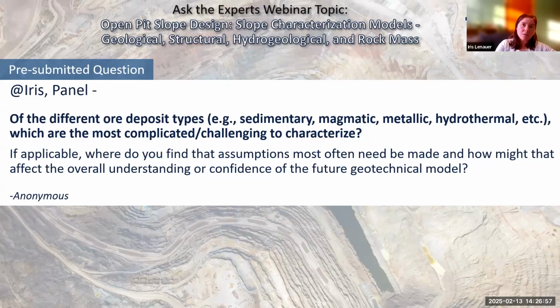And the less data we have, the more assumptions we need to make. There's a balance we have to find between how much data we can practically collect versus how much we can interpolate in between the points and assume that it's going to be the same in between.